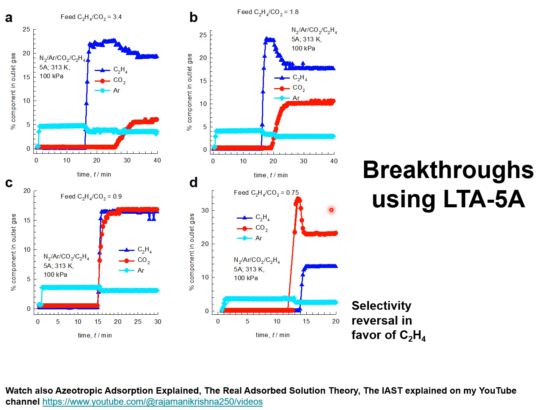Clearly, the IAST does not anticipate this characteristic, as I shall demonstrate in the subsequent slide.